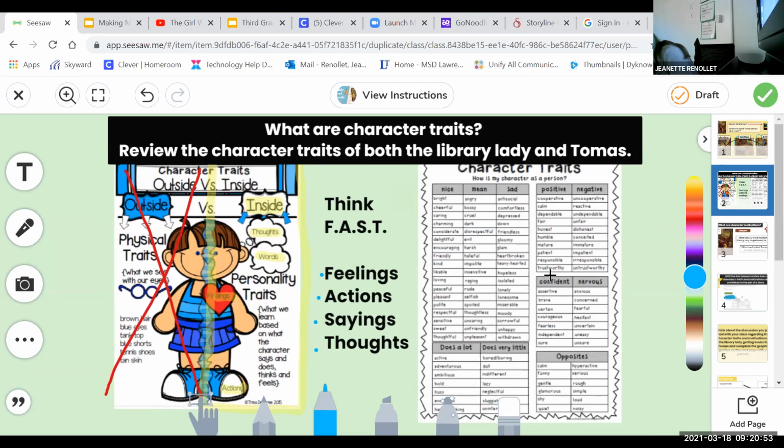I would think of maybe the word responsible. Papa Grande is responsible. He knows that Tomas is getting old enough, and he's saying, you know what, Tomas, I think it's your turn. I think you need to go and learn how to read. So he's kind of being the one in charge. He's being responsible of Tomas.